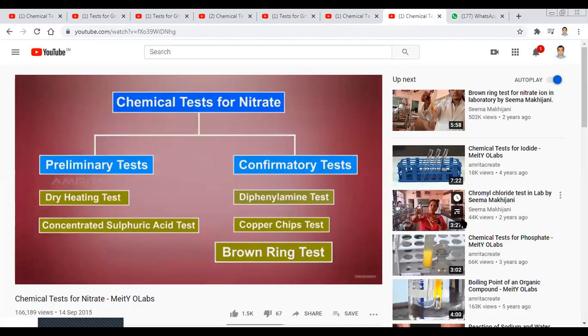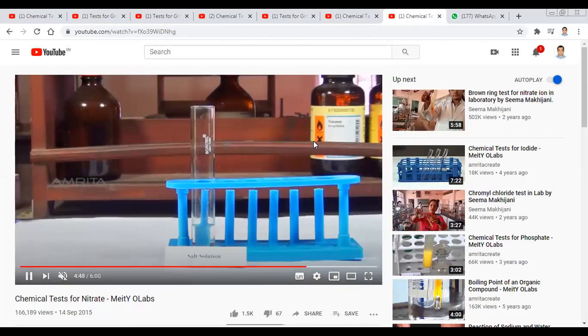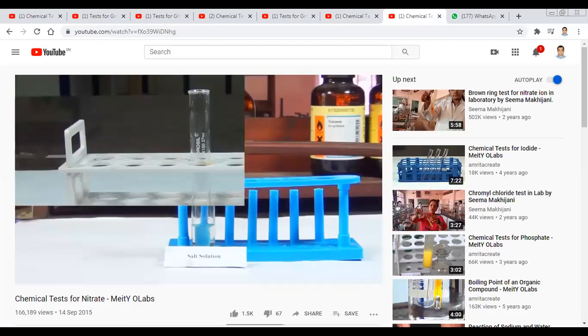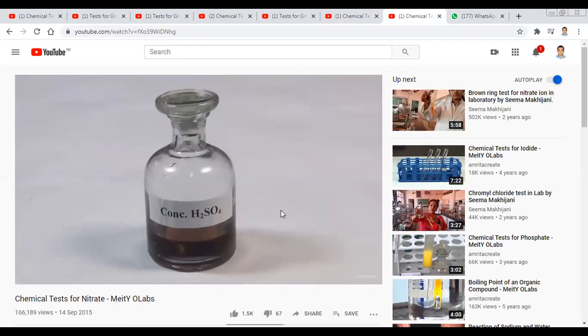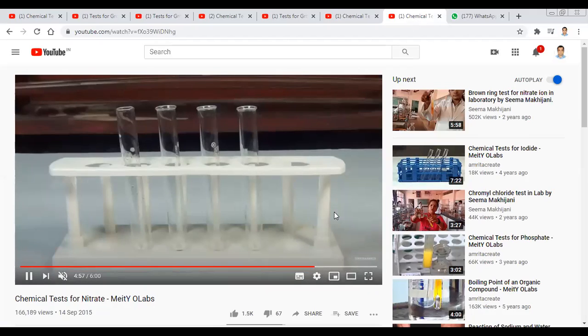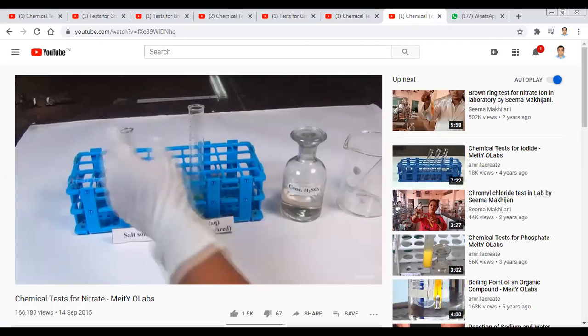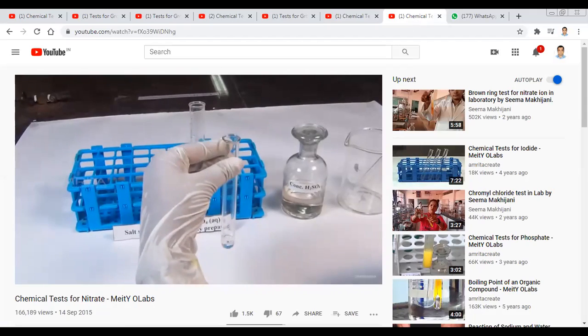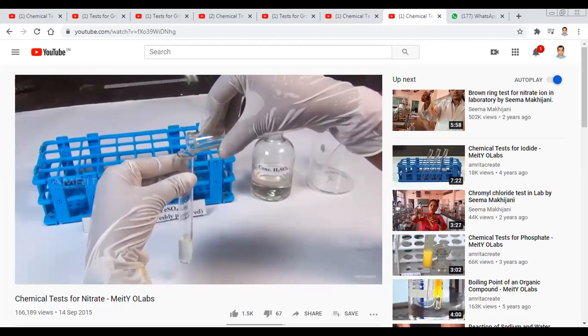Now we are going to see the brown ring test again. In the brown ring test, we use freshly prepared FeSO4 solution, concentrated sulfuric acid solution, test tubes, and droppers. Let us perform the brown ring test. We take the original solution or the salt solution, then we add freshly prepared FeSO4 solution.